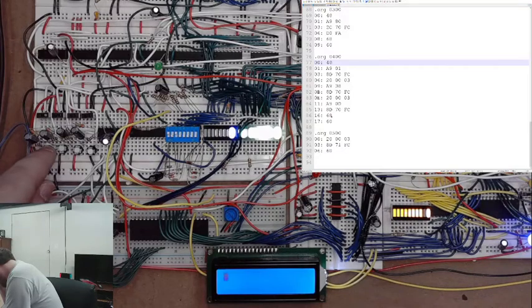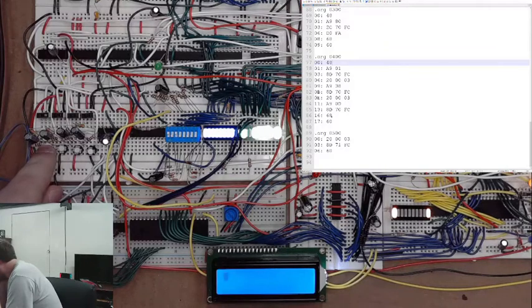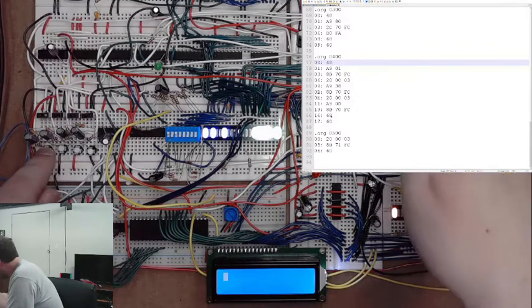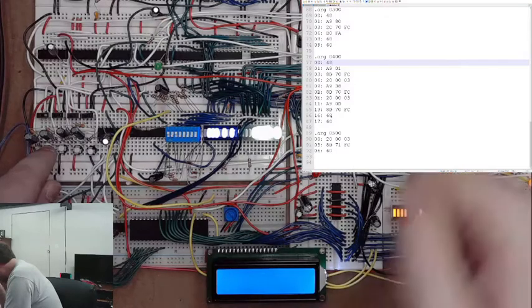Go through reset. Come on. Okay, we're through reset. This is a jump instruction. What was that? I think I'm going too far.